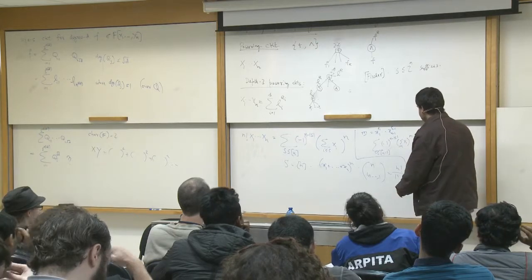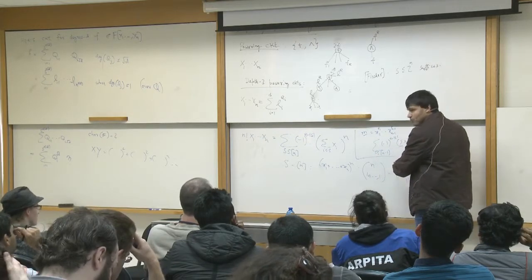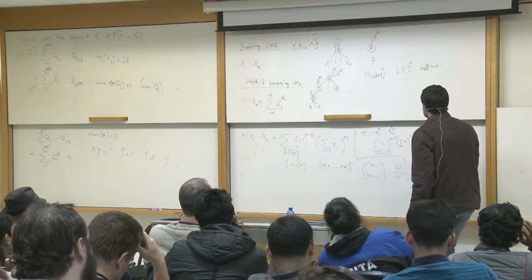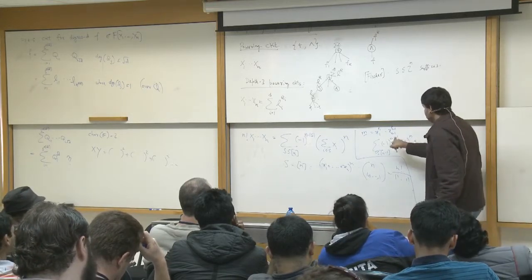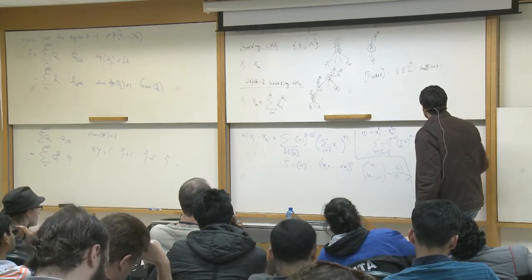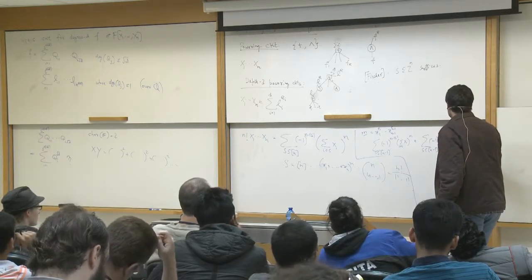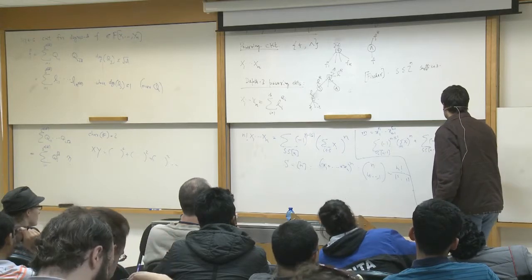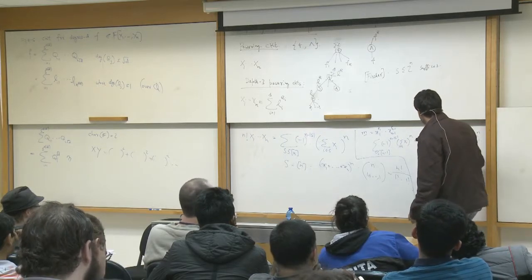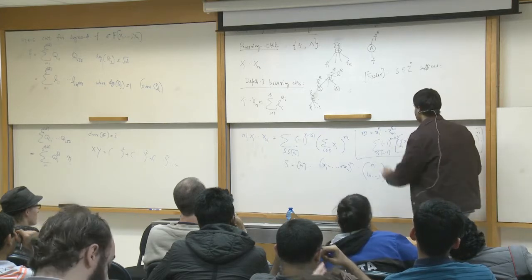I can write such a subset by taking a subset from the first n minus 1 elements and then taking the union with xn. So there will be this extra term. Clear enough? So let me take this common, and this goes away.